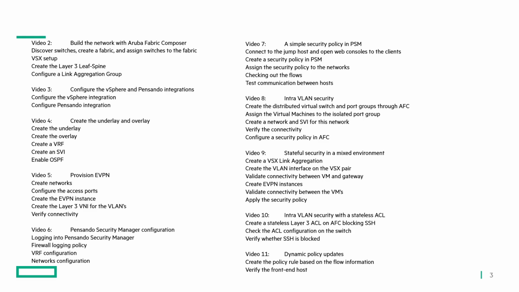Video 4 is all about preparation of the EVPN VXLAN, and in this video, we've created this whole overlay setup with EVPNs and layer 3 VNIs. That concludes this video, and in the next video, I will start to work with the Pensando Security Manager and show you some very cool stuff that we can do with the 10K switches.